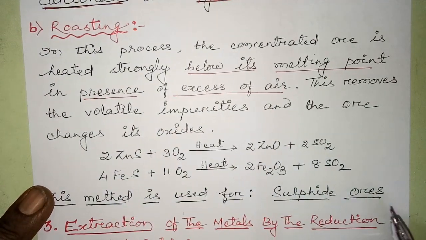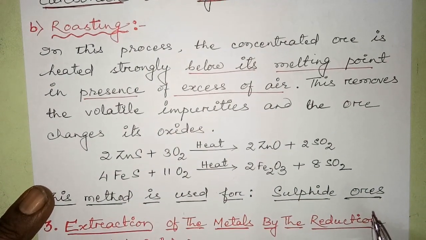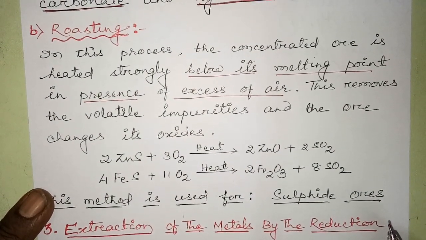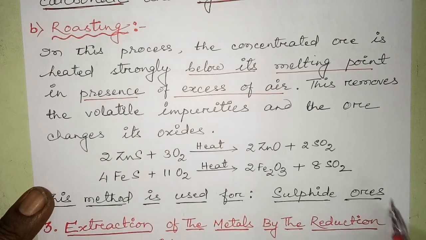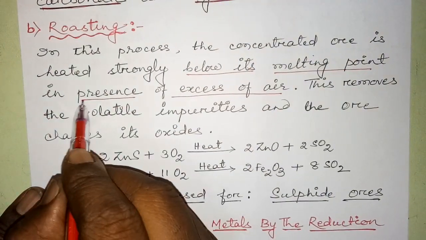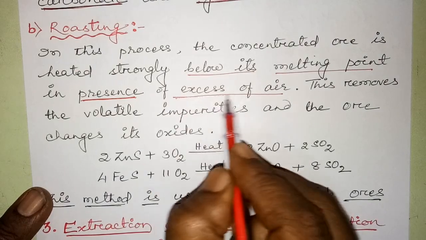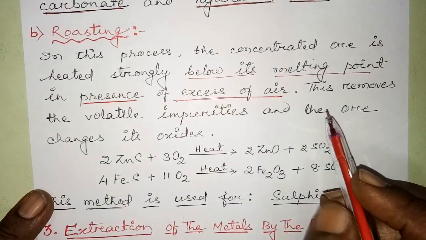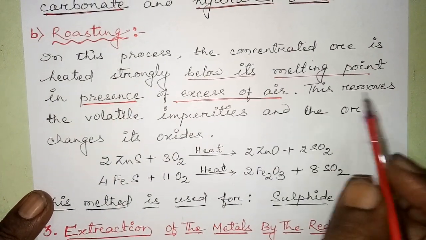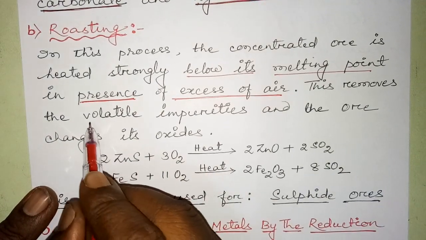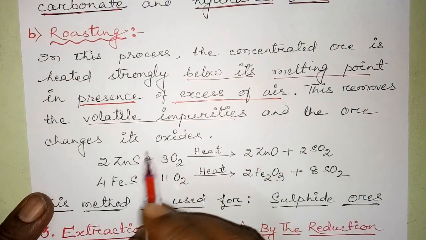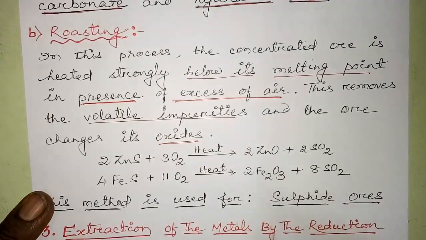But in case of calcination, it is in absence or limited supply of air. In roasting, it is in presence of excess of air. This similarly removes the volatile impurities and the ore changes to its metallic oxides.